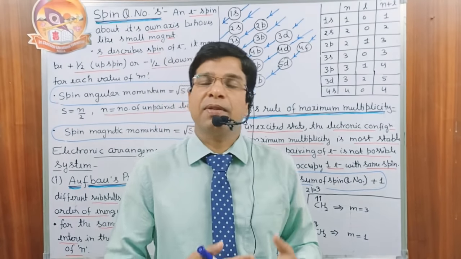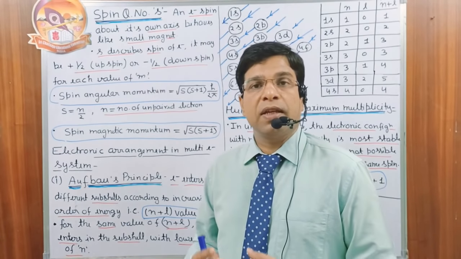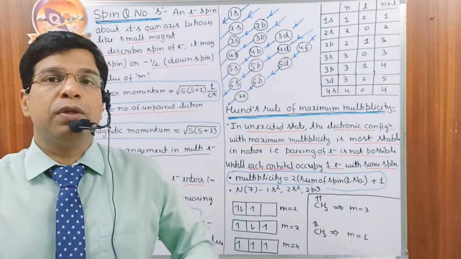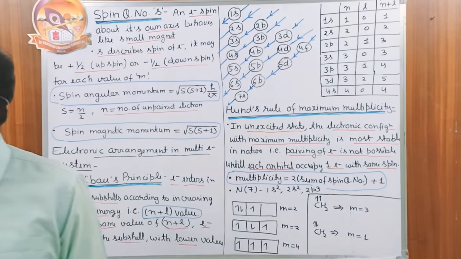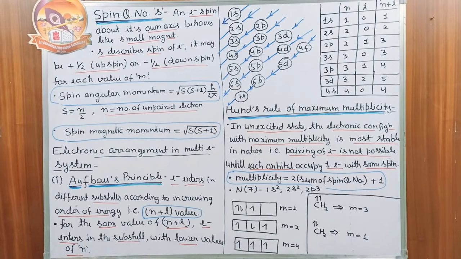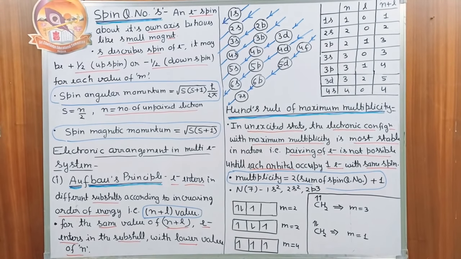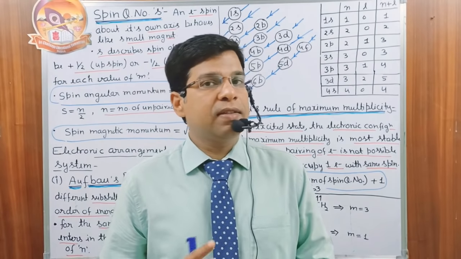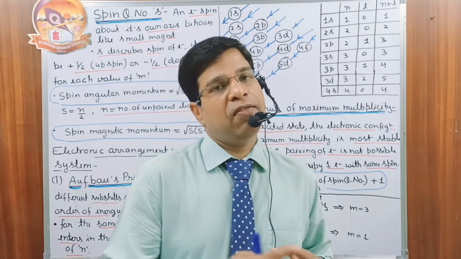The first rule is called the Aufbau principle. Aufbau is a German word and its meaning is to build up, to construct something. According to this rule, electrons always enter the different subshells in the increasing order of their energy, and the energy of the electron is decided by the n plus l value.